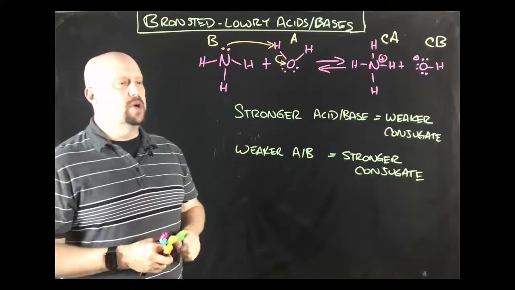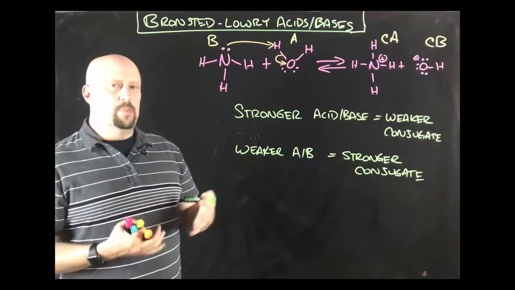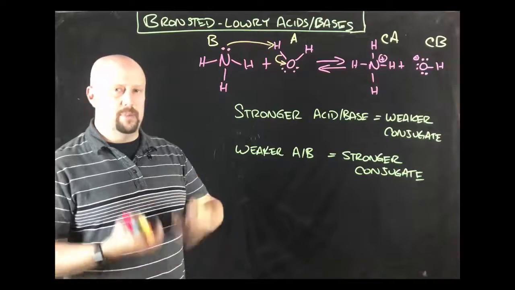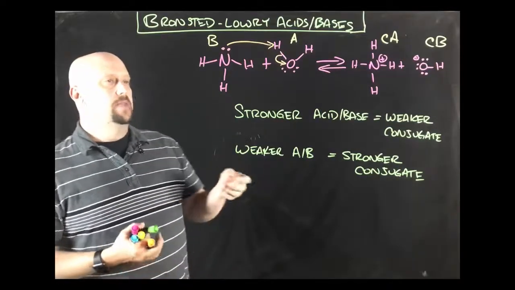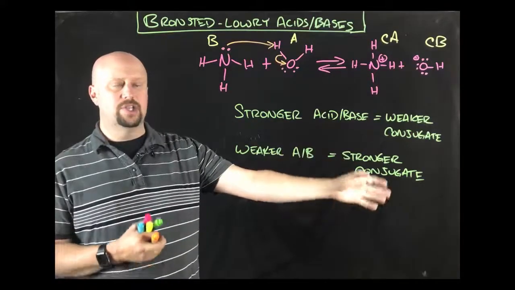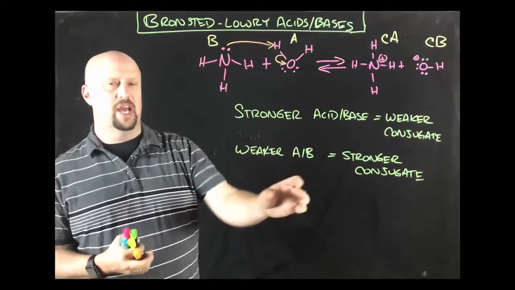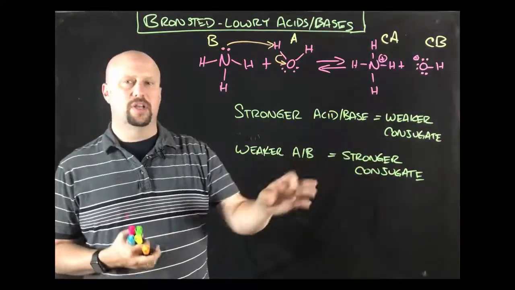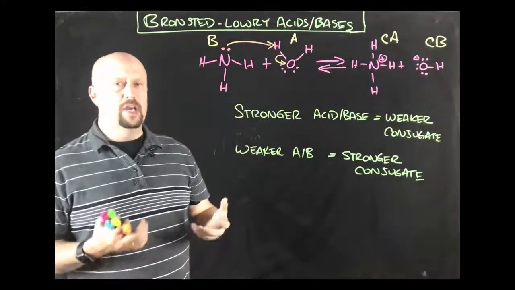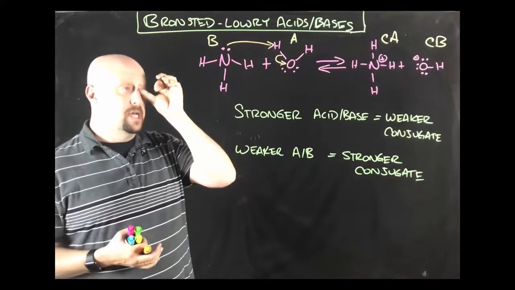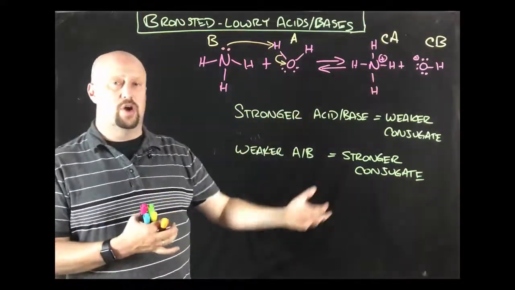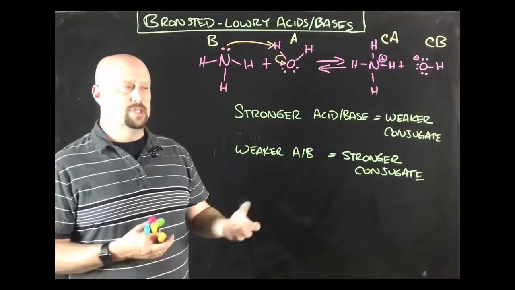So one last really quick thing is that it's really important for us to know, and we're going to dive into this a little bit more in the equilibrium video and talk about Ka values and all that, but the stronger the acid or the base, the weaker its conjugate is going to be, and conversely, the weaker the acid or base, the stronger its conjugate is going to be. So for instance, this ammonia is a relatively weak base, and so that's going to mean that its conjugate acid is going to be a little bit stronger than we might assume in some other situations.